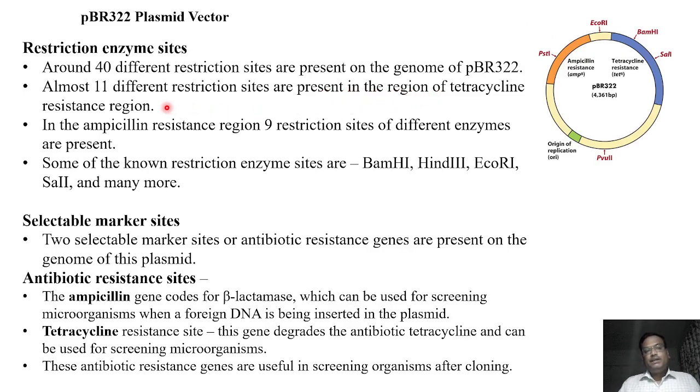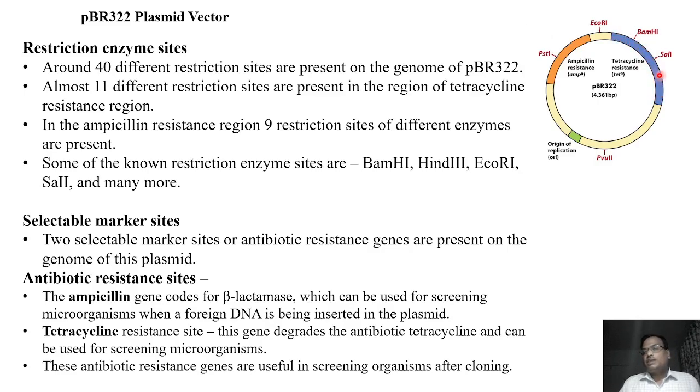The restriction sites located within the antibiotic resistance genes are very important. Just imagine, this is the ampicillin resistance part, and this is the tetracycline resistance gene, from here up to here.